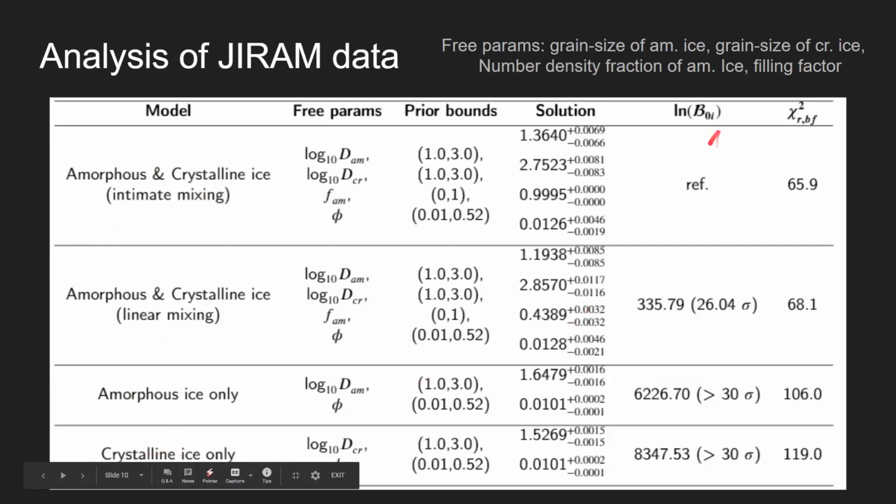First of all, if you look at the Bayes factor, the higher it is, the greater the preference for the intimate mixing model. It clearly prefers the intimate mixing model over the other 3 models.